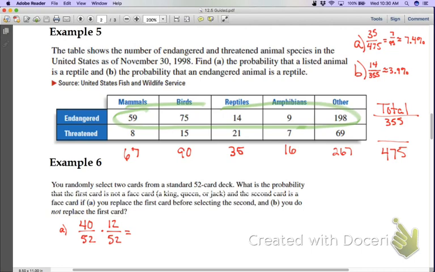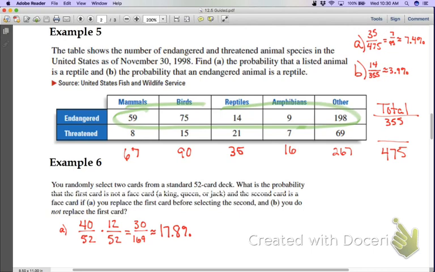You can multiply them straight across. It really doesn't matter to me. I'm looking at about 30 out of 169, or a chance of about 17.8%.